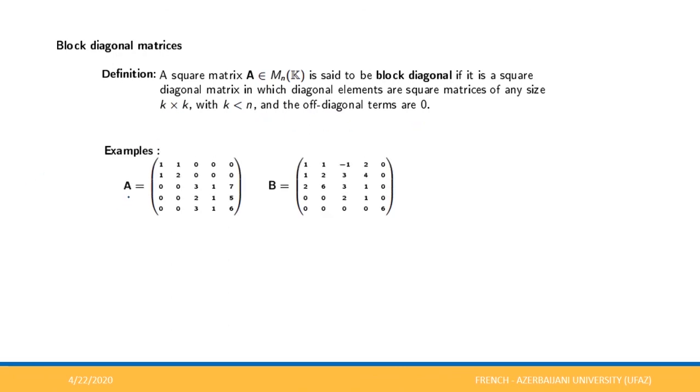Examples. Here the matrix A is a block diagonal matrix. You see here diagonal elements are this submatrix and this submatrix. But B is not a block diagonal matrix. Because if we take this submatrix and this submatrix as diagonal elements, here there are non-zero elements.